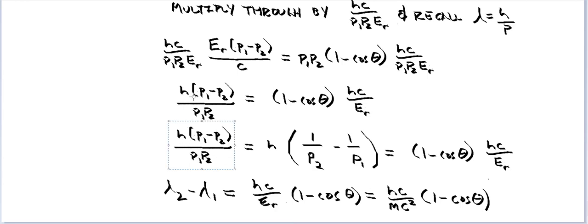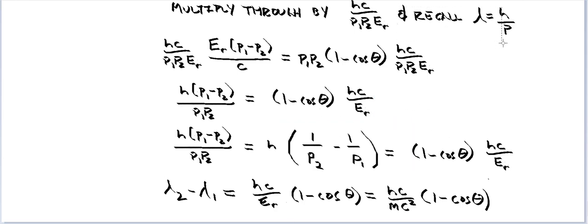Note that we can rewrite H times quantity P1 minus P2 over P1, P2 as H times the quantity 1 over P2 minus 1 over P1. And that's still equal to the right side of this equation.